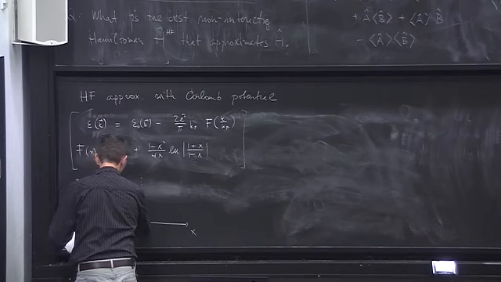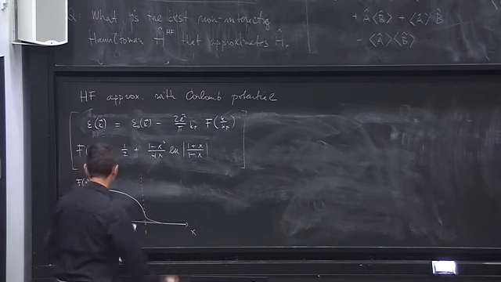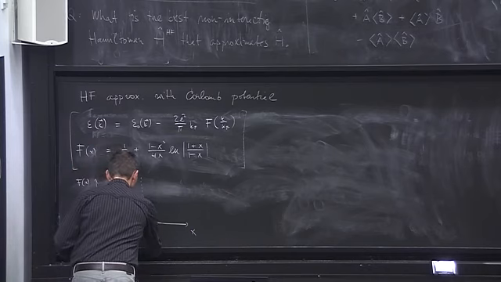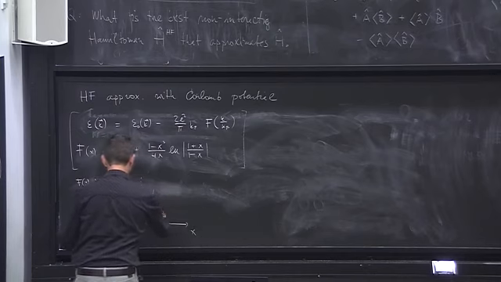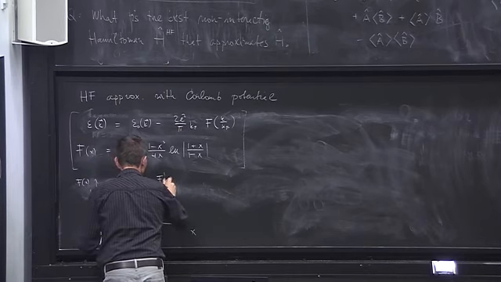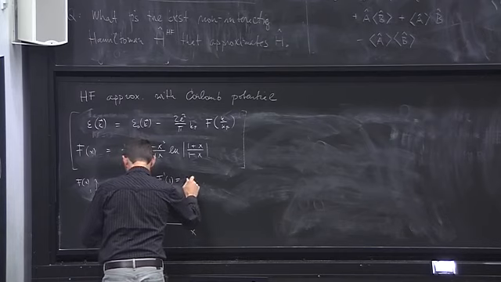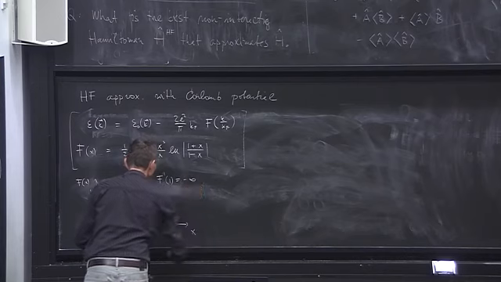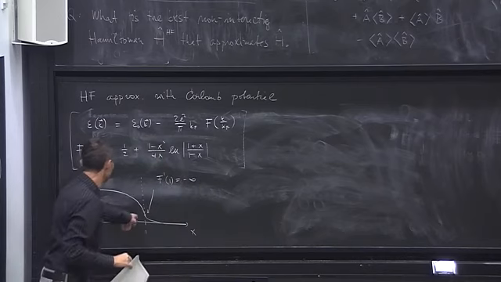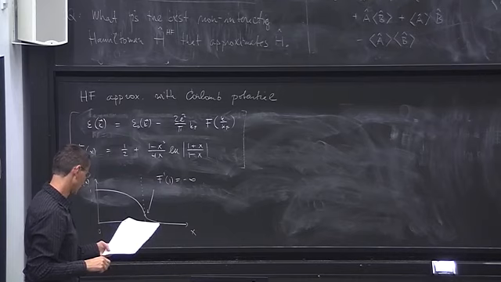So basically it looks like this. And here at this point, the function has an infinite slope. F prime of 1 is minus infinity.